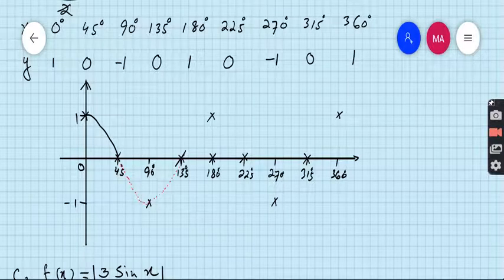Then simply draw again. This part is not needed, but we have to show it.